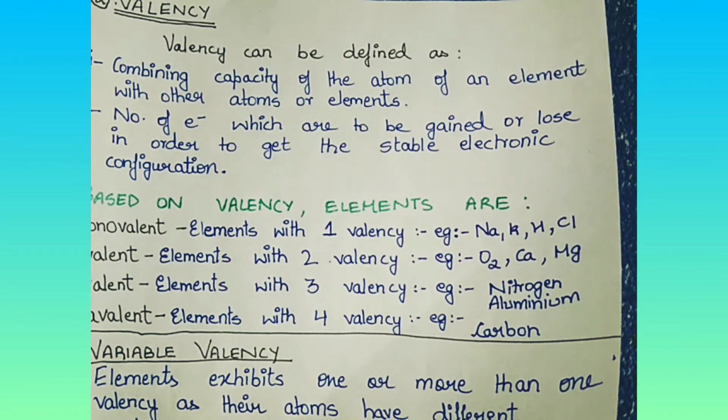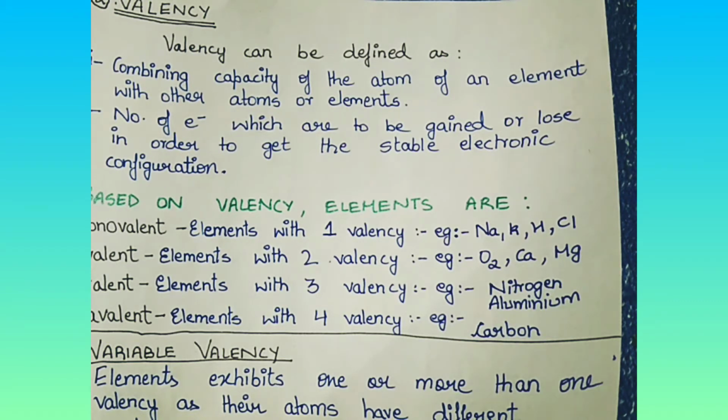What is the stable electronic configuration? When you have 8 electrons in the outermost shell or valence shell, or 2 in the case of K shell, that is known as the stable electronic configuration. In the case of neon, it has 2, 8, atomic number 10.